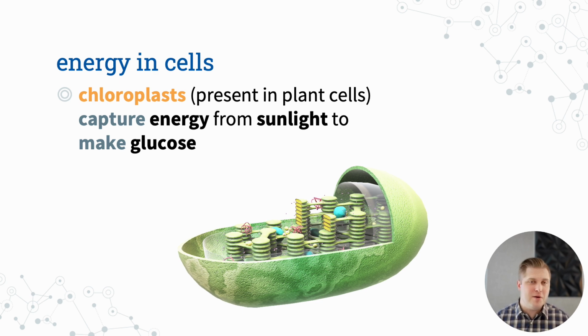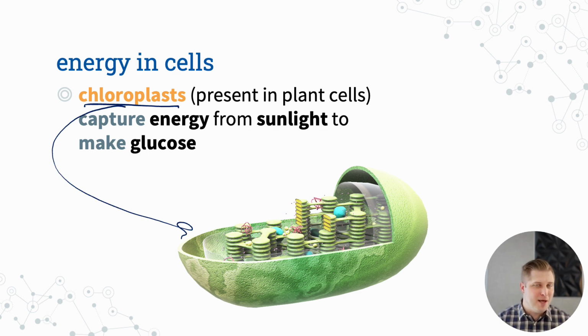They take other materials, and glucose comes on out. Energy from sunlight going together to make glucose. More on that process later, but just keep in mind this is a specialized structure in plant cells, and this is what's actually capturing energy to make glucose, which the mitochondria can then use.